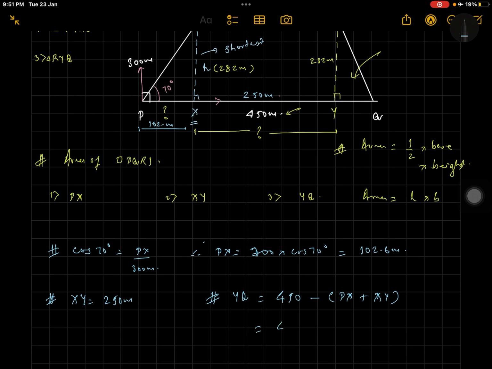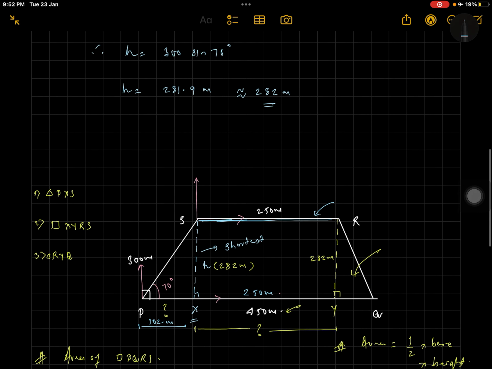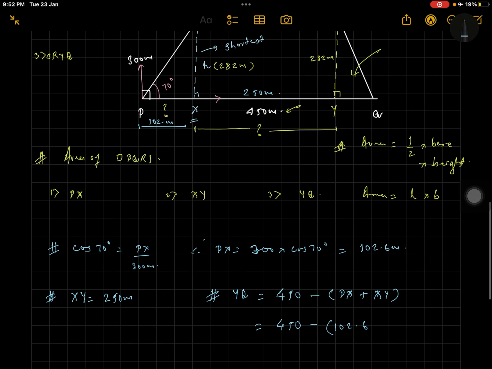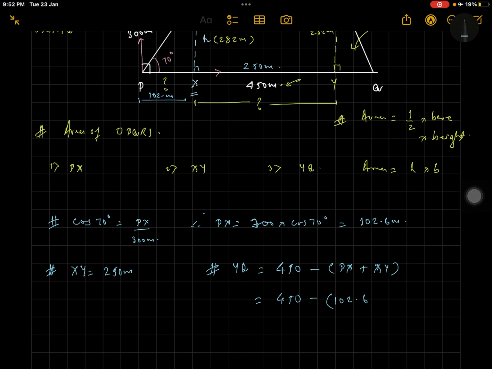That comes out to be 450 minus 102.6 plus 250, which we just found.